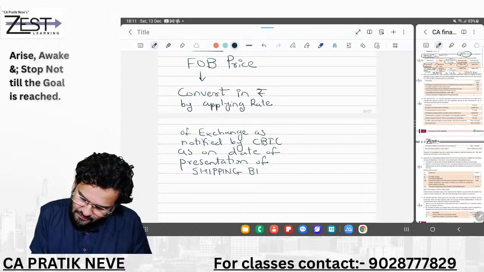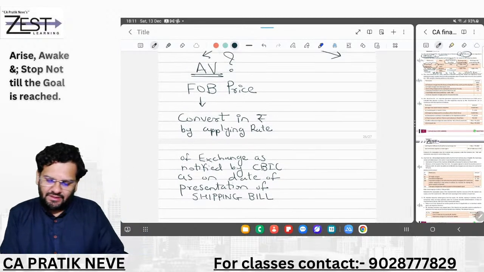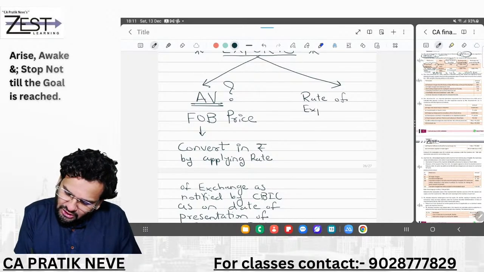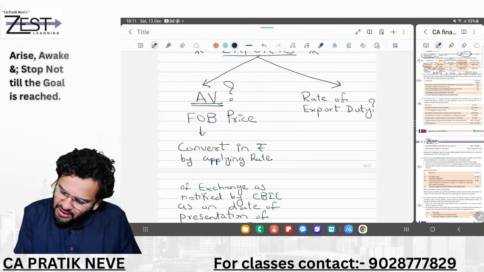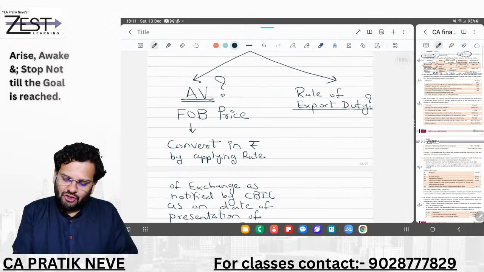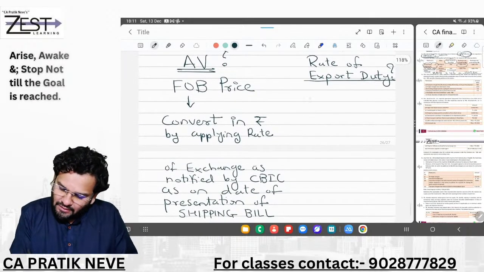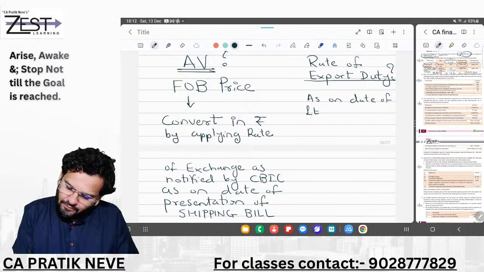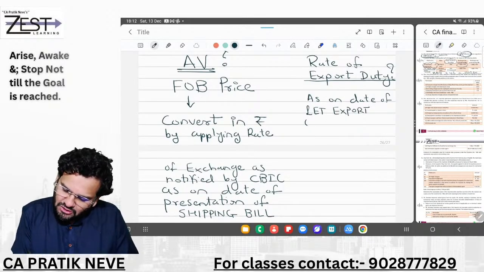Make sense? Then friends, what about the rate of export duty? So the rate of export duty should be taken as on which date? It should be taken as on the date of let export order. Clear?